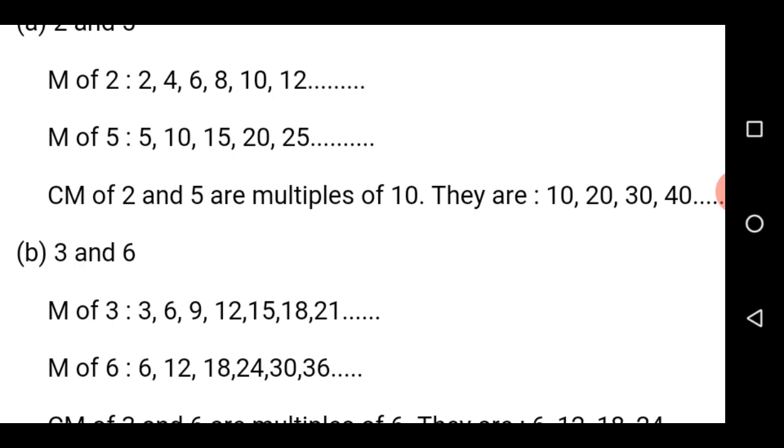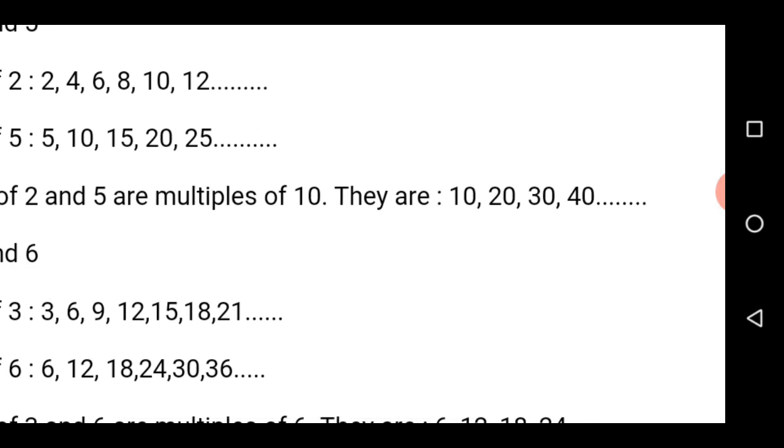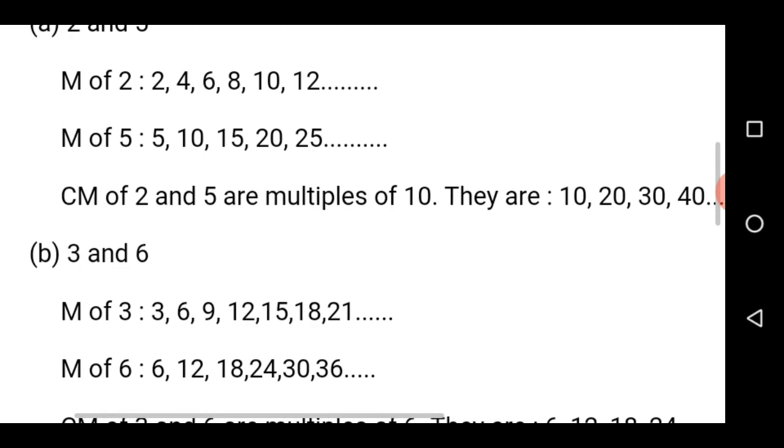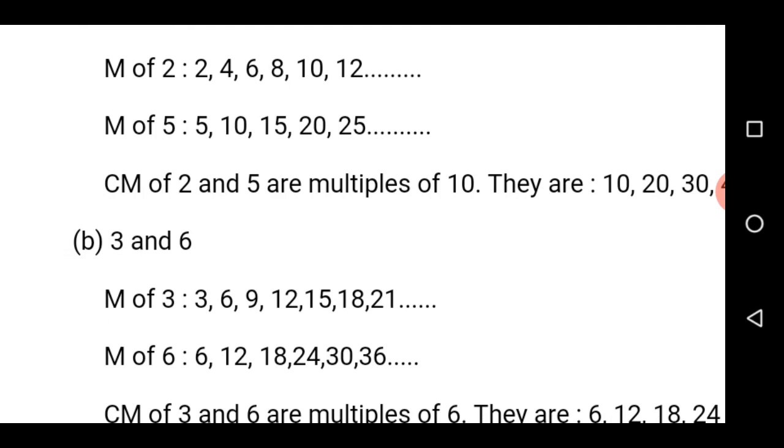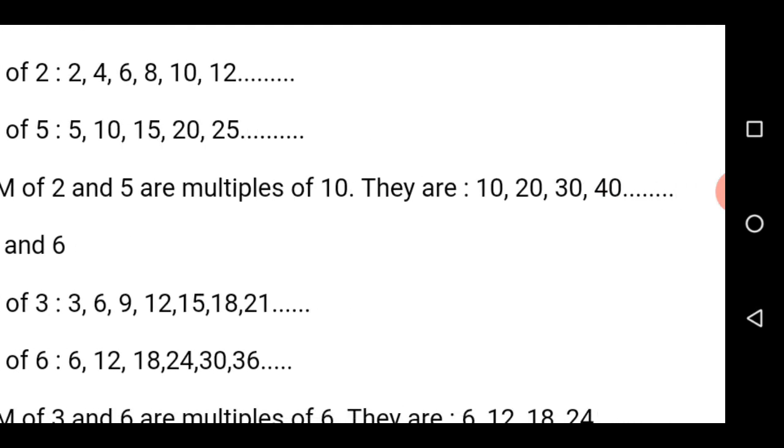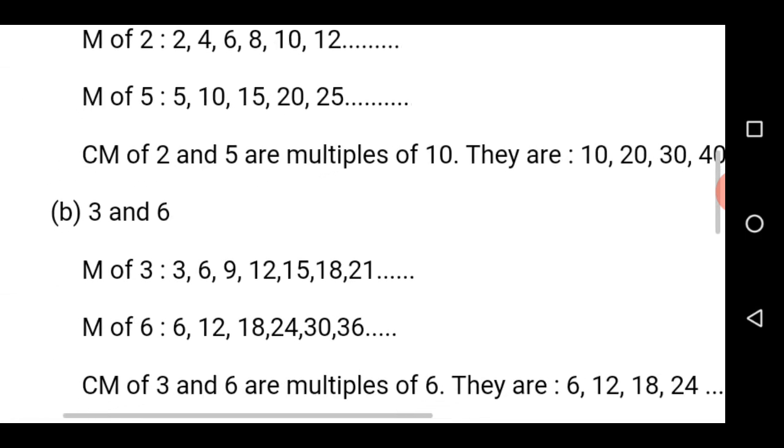What are the multiples of 10 now? We have 10 times 1, 10, 10 times 2, 20, 10 times 3, 30, 10 times 4, 40, and so on. It means the common multiples of 2 and 5 are 10, 20, 30, 40, and so on.